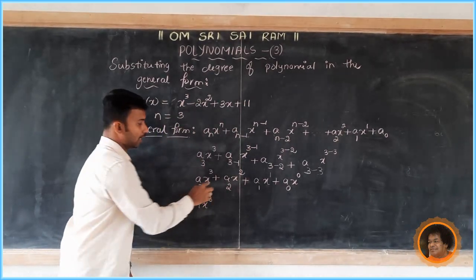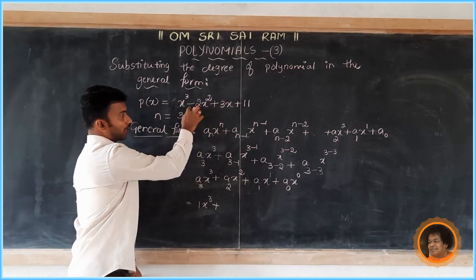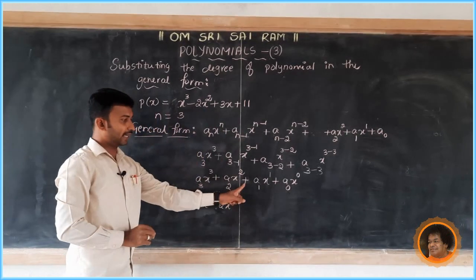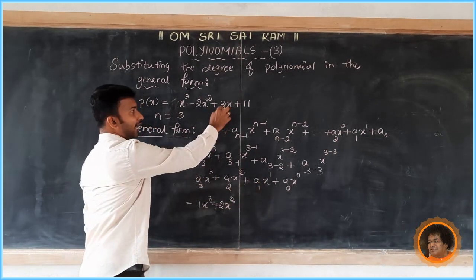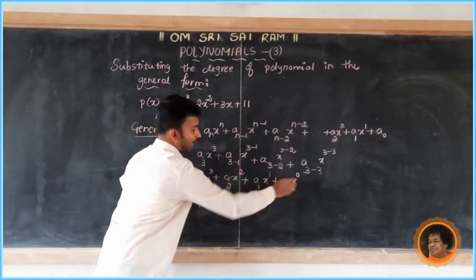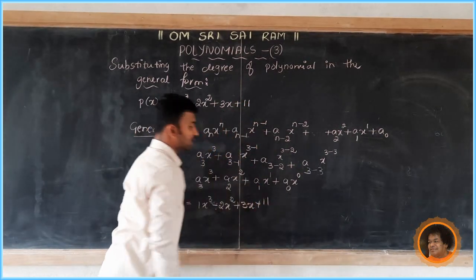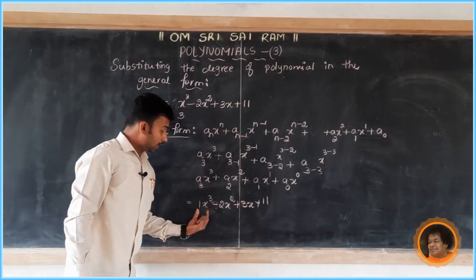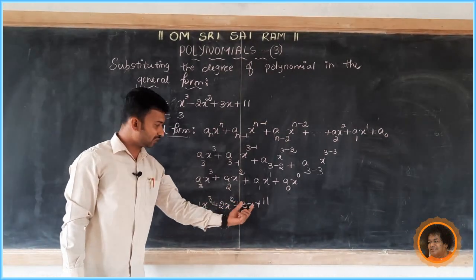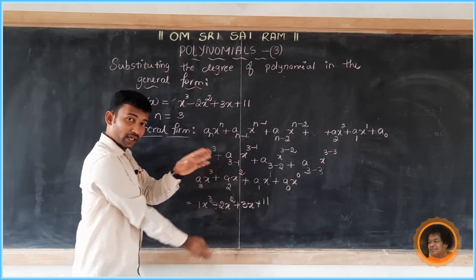So 1 x cube plus a2 x power 2, and the constant is minus 2 x power 2. Then a1 x power 1 plus 3x. Then the last, a0 x power 0. a0 means the last term, that is 11. So we get 1 x cube minus 2x square plus 3x plus 11. Again compare, we get there are 4 constants.